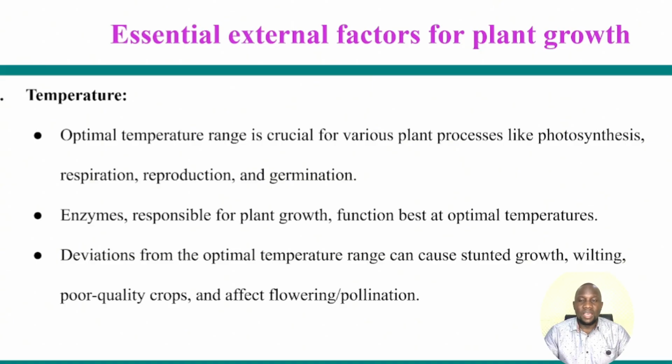All these processes are affected by temperature. So that is why optimal temperature is very important for growth of plants. If the temperatures are too high or too low, you will have stunted growth, wilting, and poor quality yields in crops.